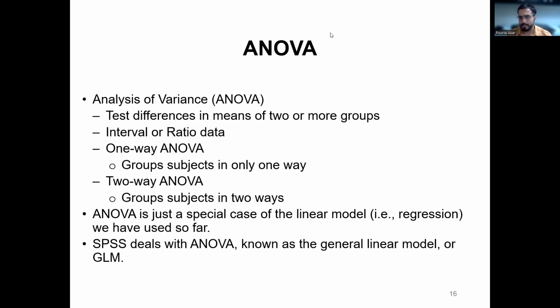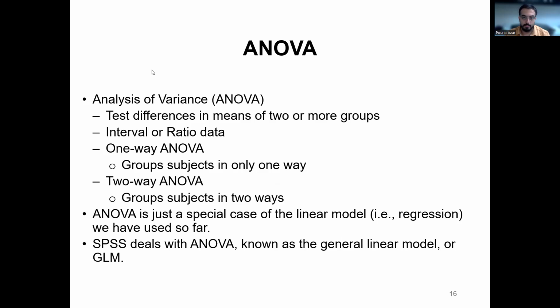In ANOVA, or analysis of variance, we are testing the differences between more than two means of independent groups. We can also use ANOVA instead of an independent t-test if we have two groups. It's gonna give us the same output.